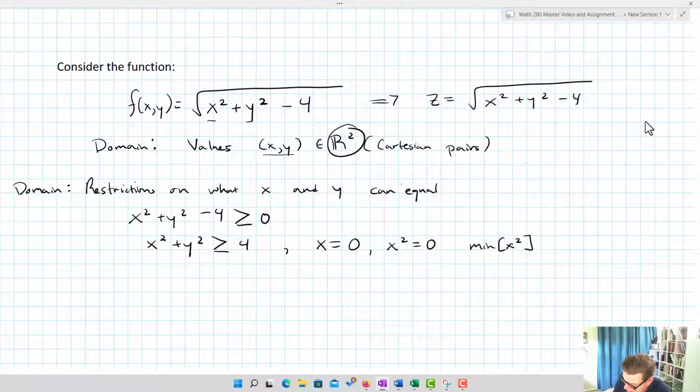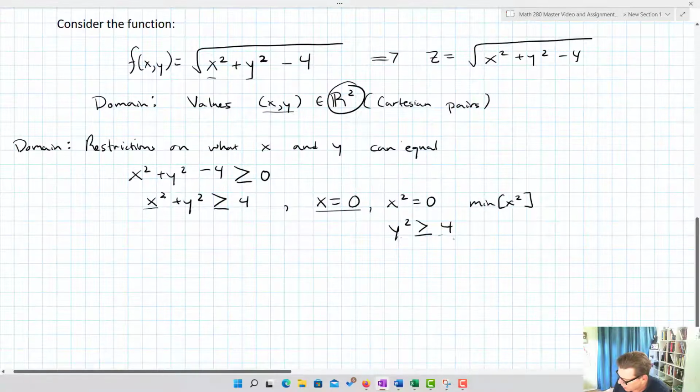If that's the case, then y squared would have to be greater than or equal to 4, or y greater than or equal to 2 or less than or equal to negative 2. And so that's actually the response that we get. If x squared was equal to 0, then y squared would have to be greater than or equal to 4. And so what does that mean?